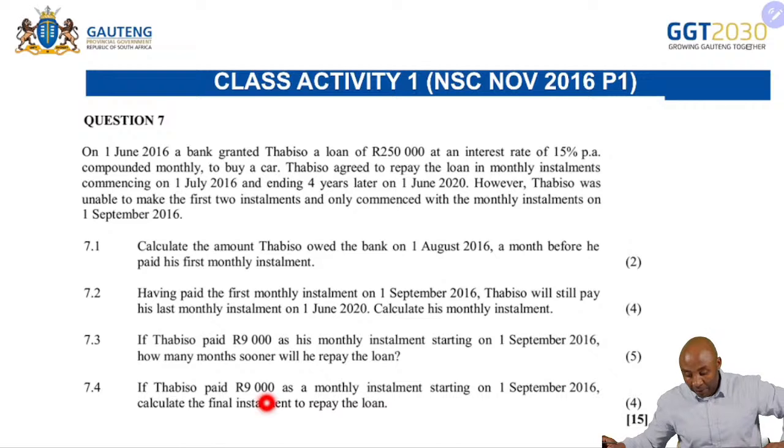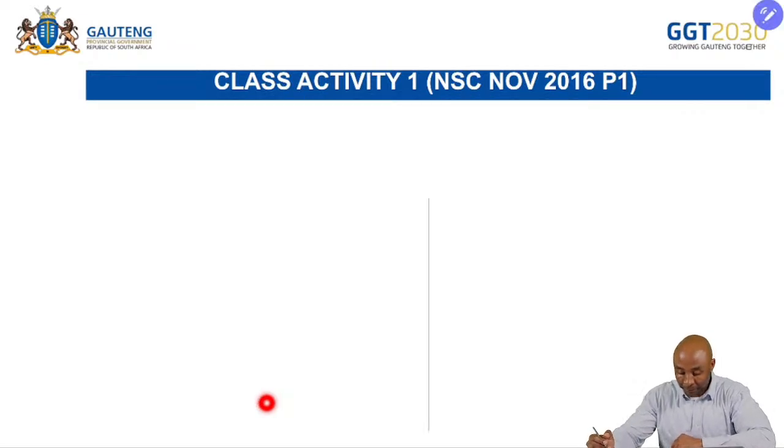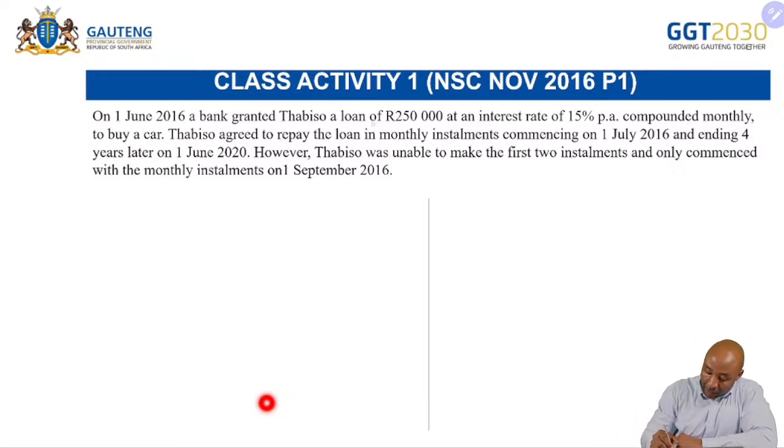I hope you have managed to work out 7.1, 7.2 up to 7.3.4. This is an interesting question, and let's quickly look at it. Tabiso took out a loan of 250,000. The interest is 15% per annum compounded monthly to buy a car.